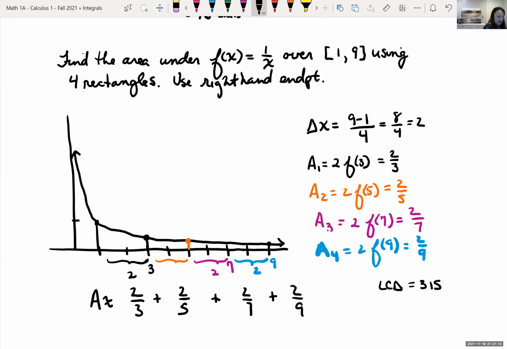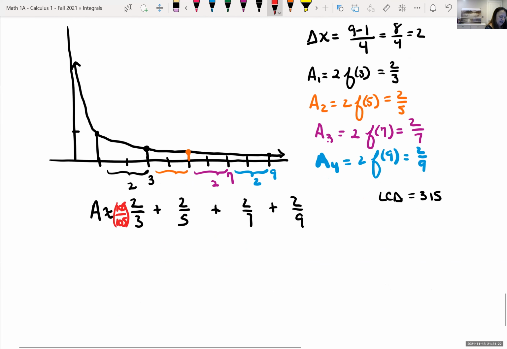So I'd have to multiply this first fraction by 105 over 105. So doing that, 105 times 2, that's 210 all over 315. Plus, so 315 divided by 5 gives me what I need to multiply by. That is 63.